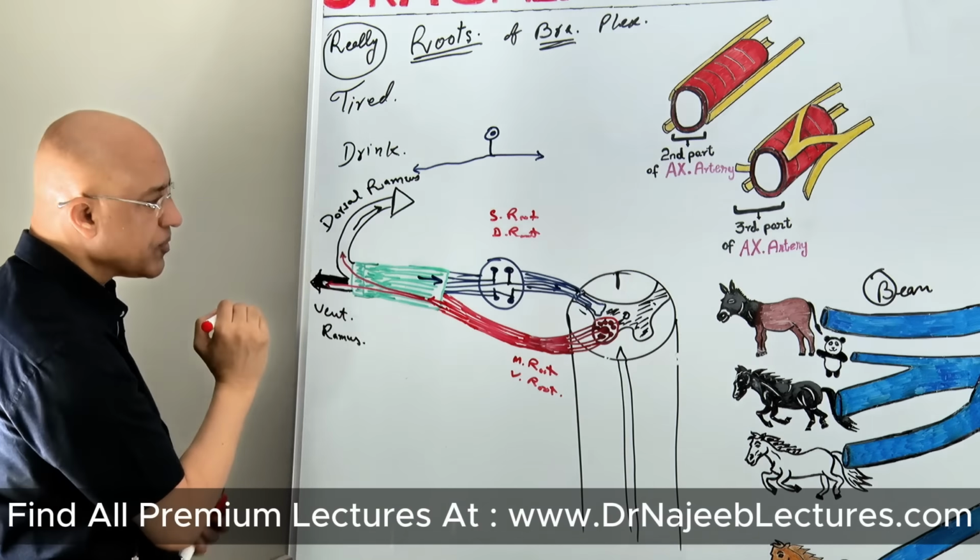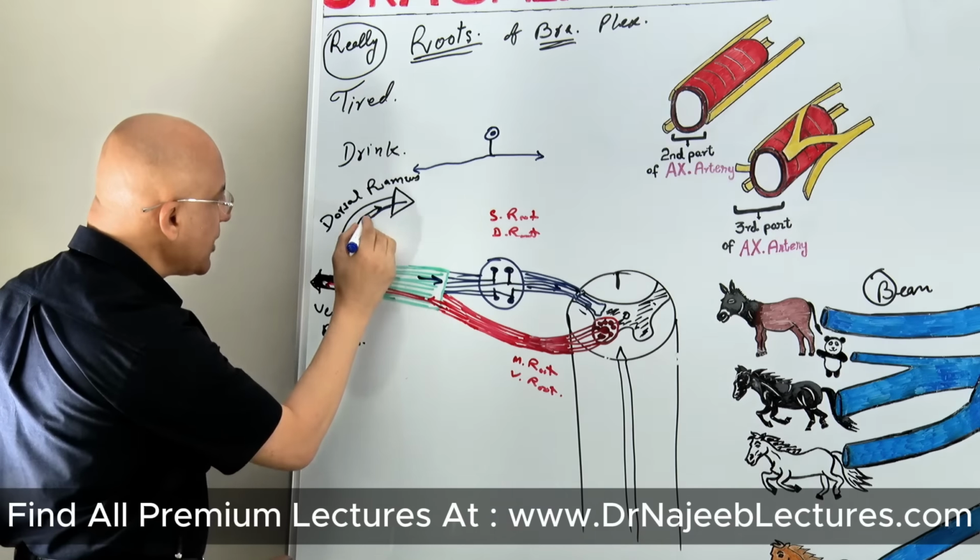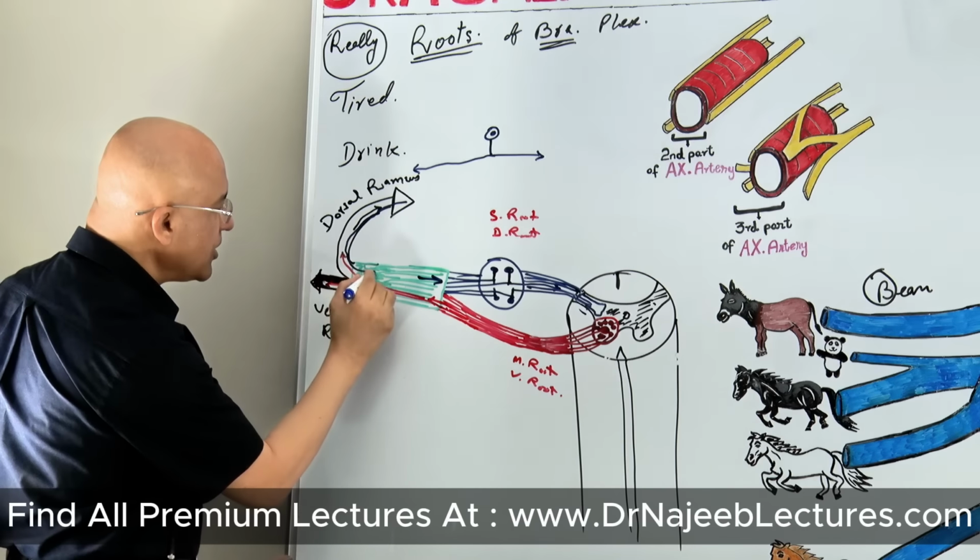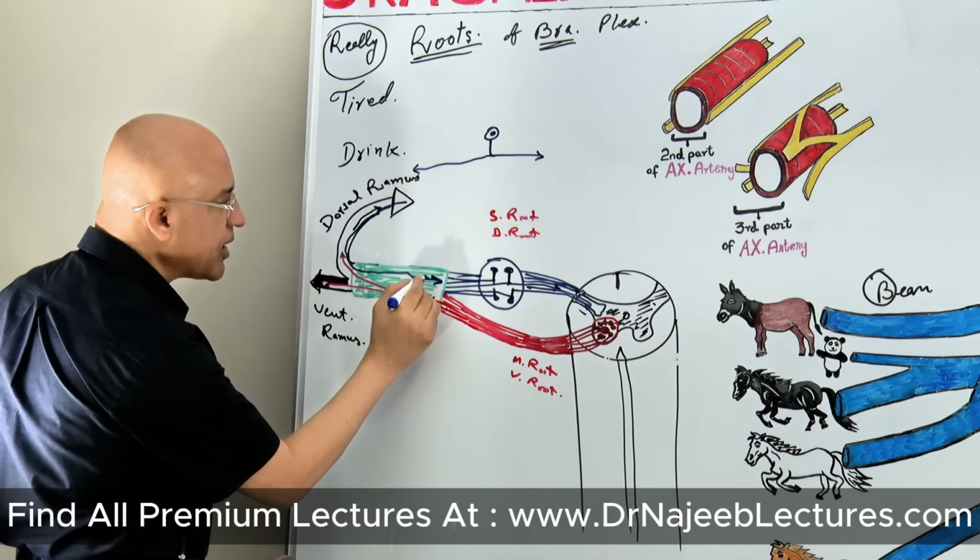In the same way, from the dorsal side of the body, the back of the body, sensory fibers are collecting the sensation, taking it to the nerve proper, and then to the dorsal spinal cord root. In the same way, ventral ramus is also collecting sensory fibers.